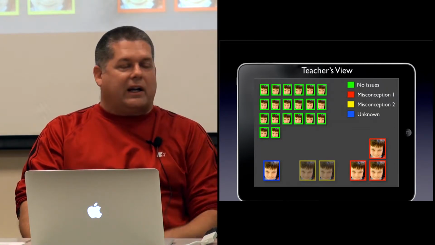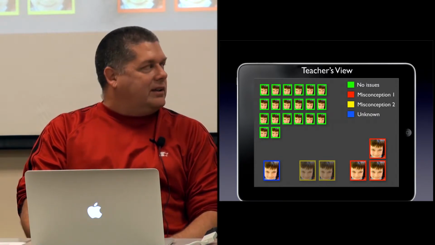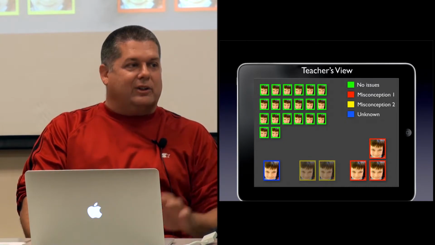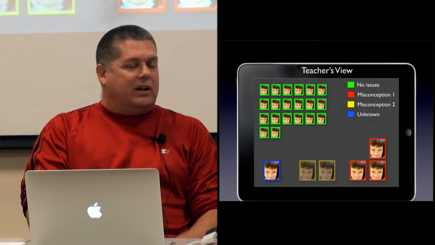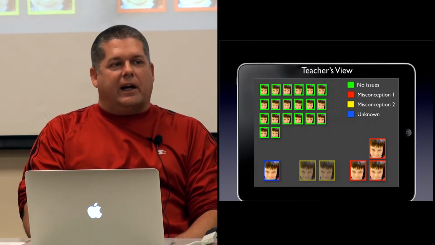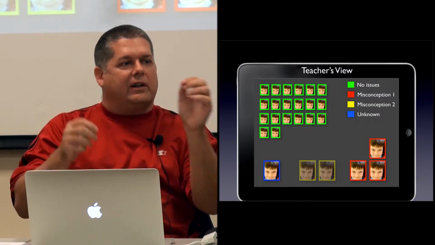But of course, you're not going to catch everything with this. So for the child highlighted in blue there, the software might not know what they're doing, and the child might not know what they're doing. So the teacher may be able to tap on that icon and pull up a view to retrace what the child has done.